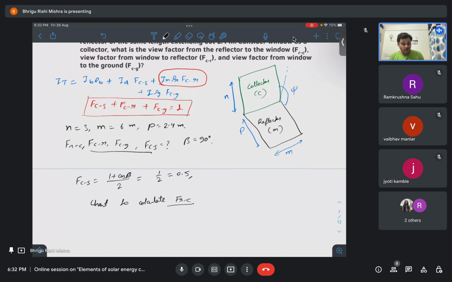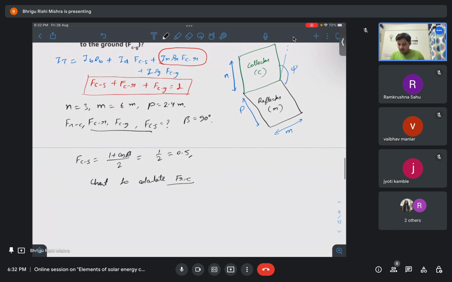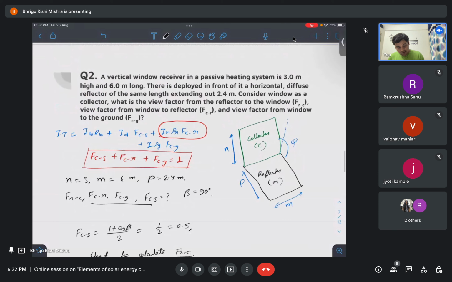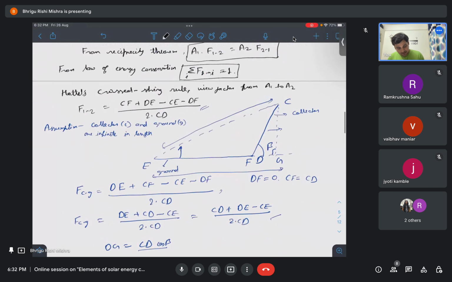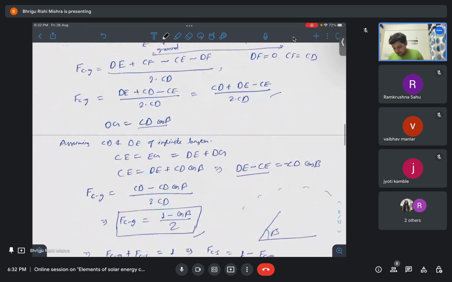But here we don't want to use the chart. We can assume that these surfaces C and R are very long in extent, so that we can apply Hottel's crossed string rule.